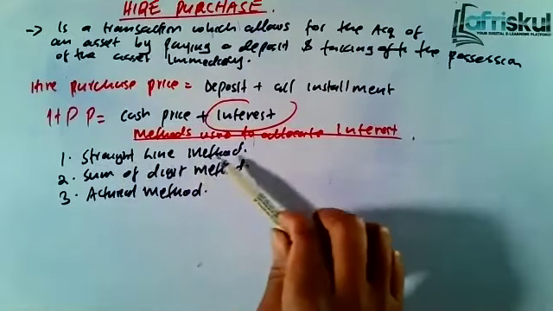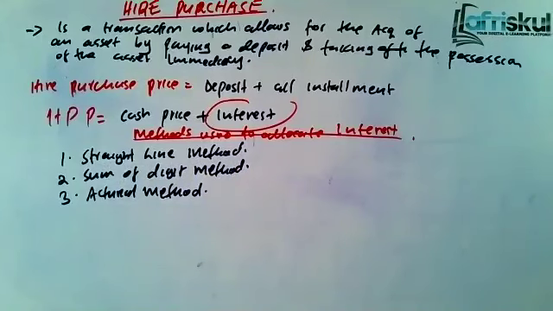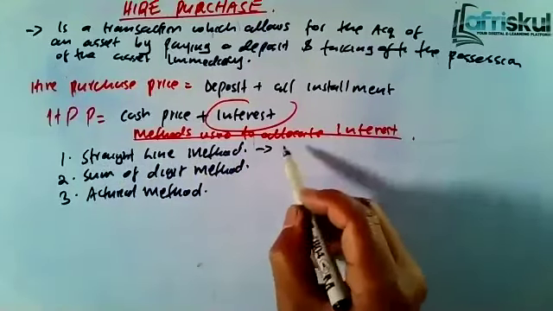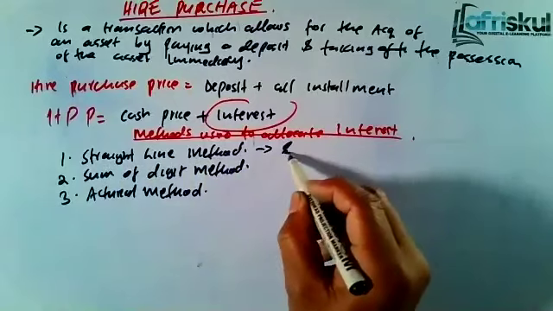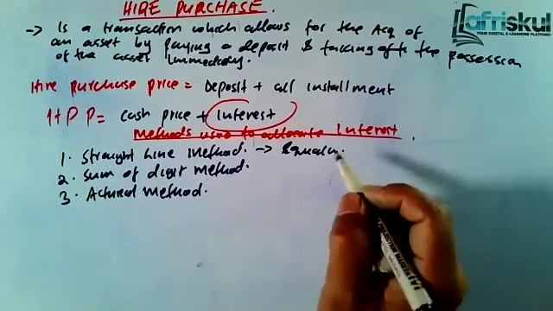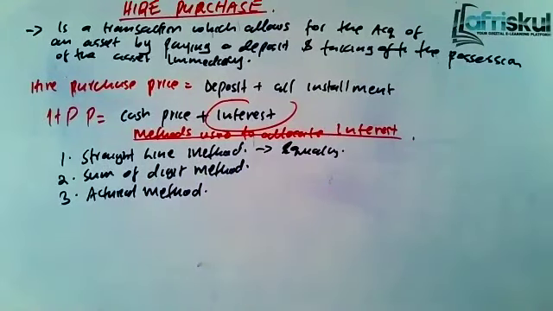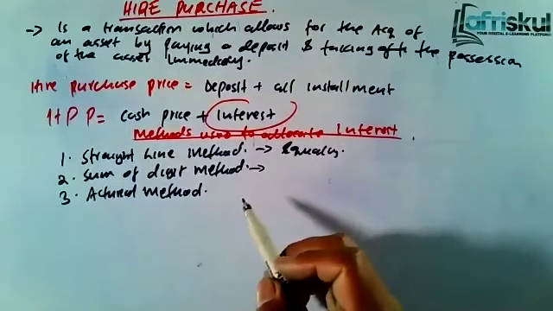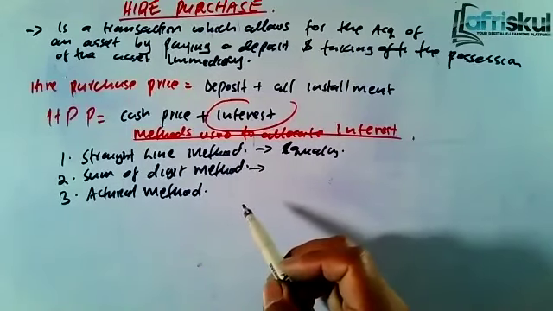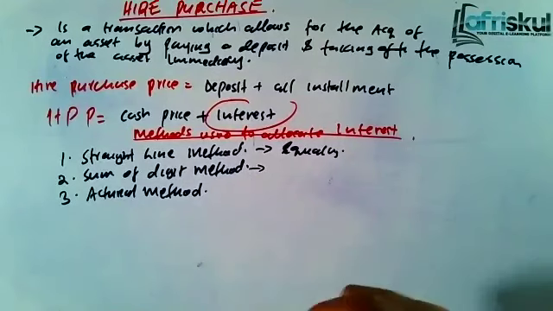For the straight line method, the total interest is allocated equally over the hire purchase period. Then we have the sum of digit, where the interest is allocated on the basis of the sum of the hire purchase period.